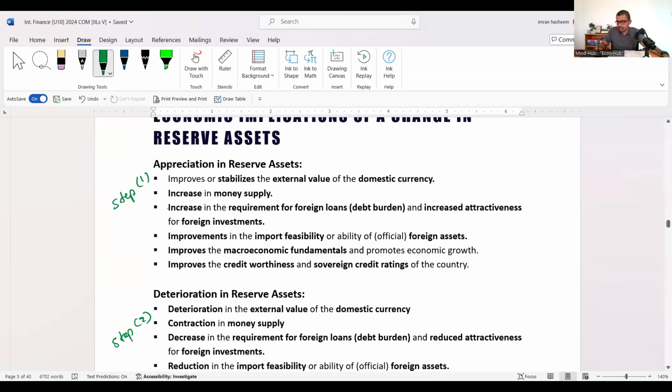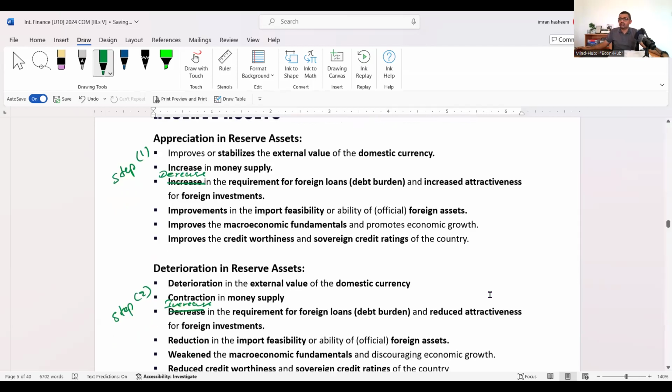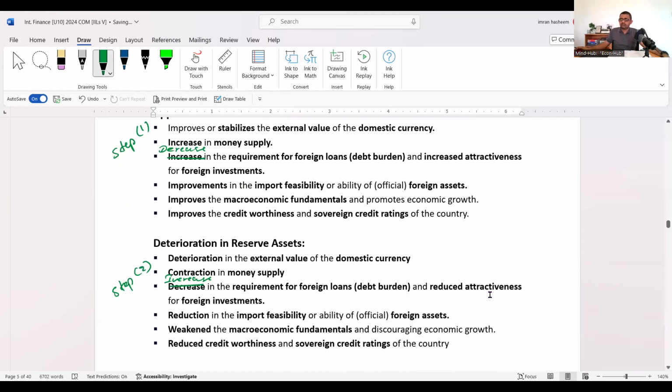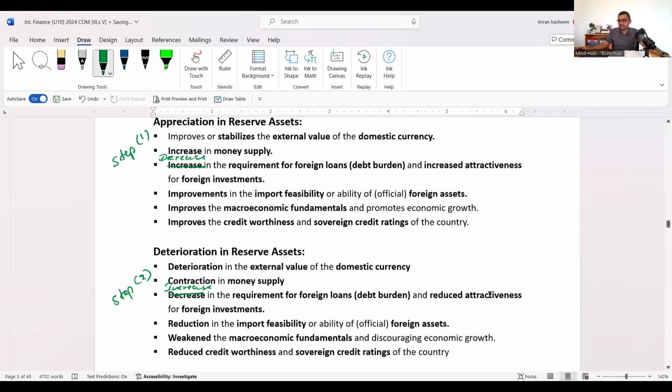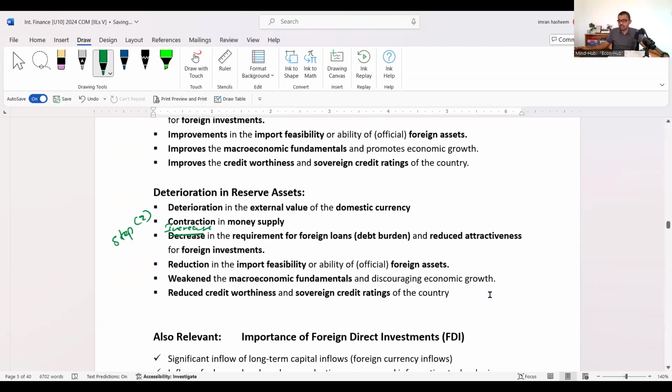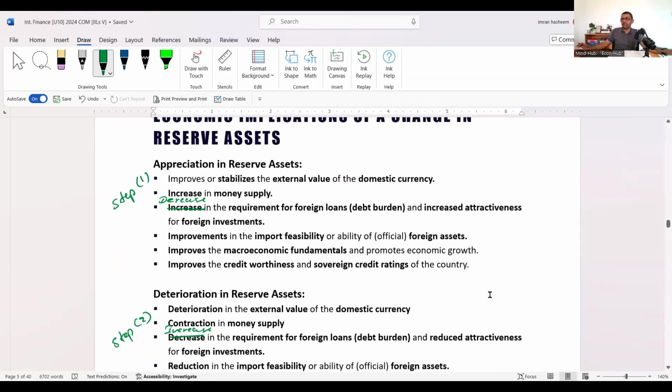This is decrease. This is increase. Just the third point in both. Appreciation should be decrease and depreciation should be increase. Yeah, right. Should be okay.